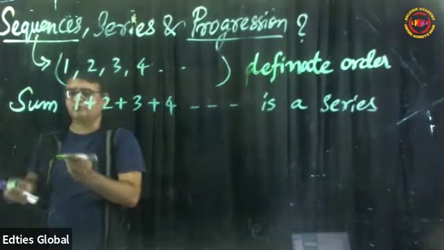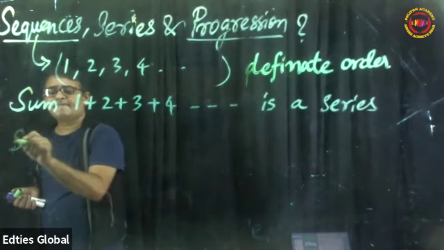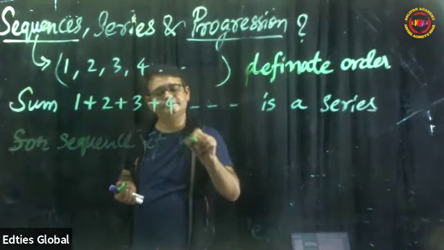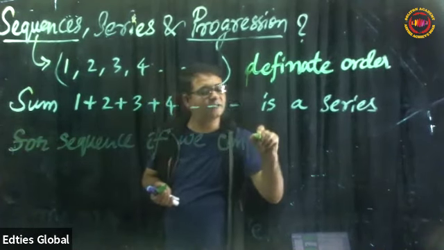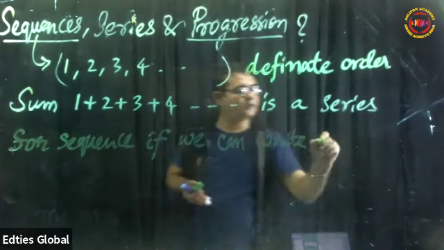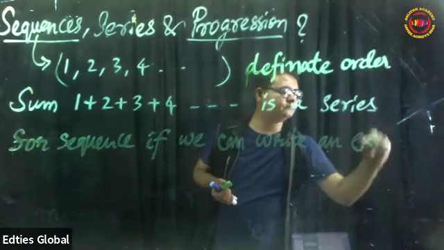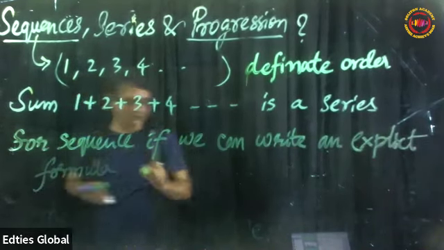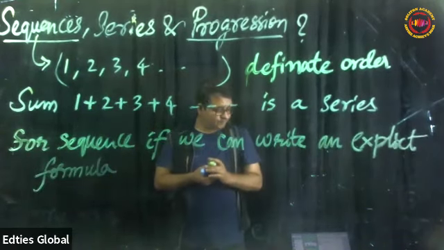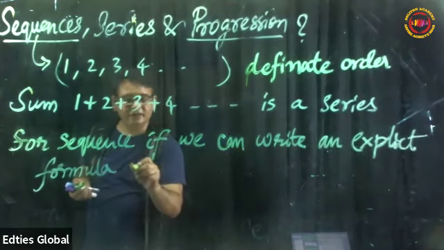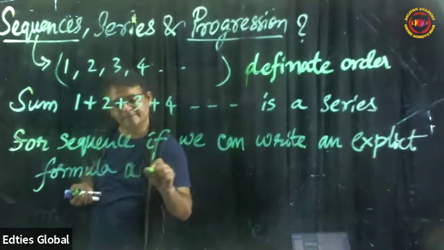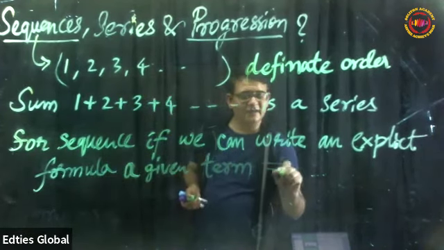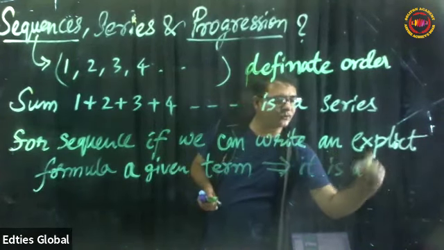Fantastic. We understand a progression is just a sequence for which we can write an explicit formula. If we can write an explicit formula for a given term, that implies that it is a progression.